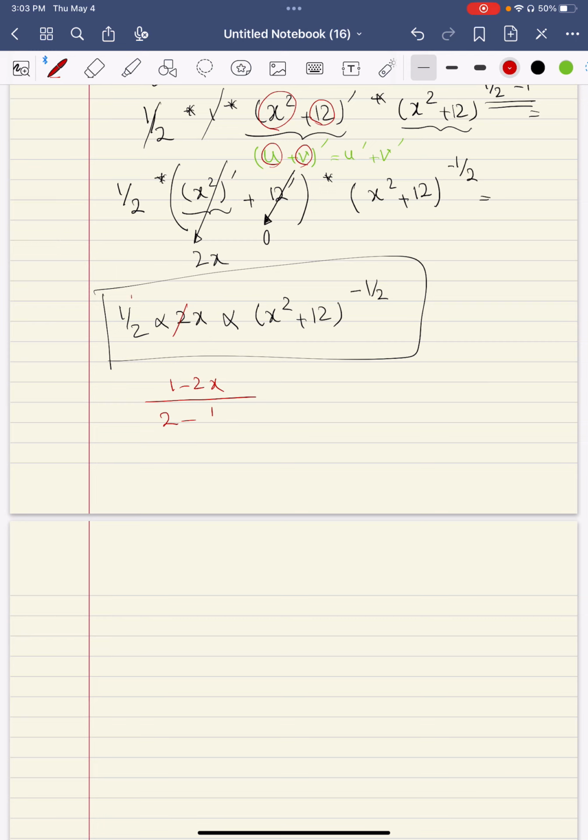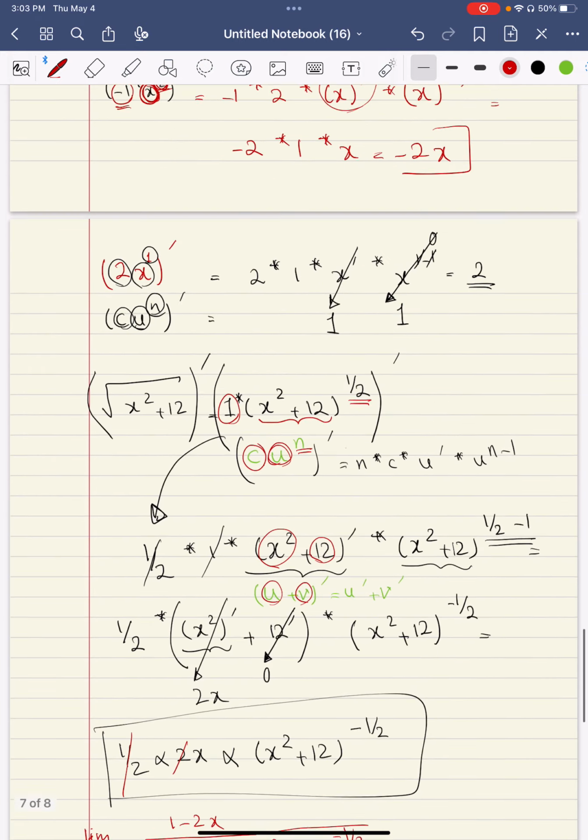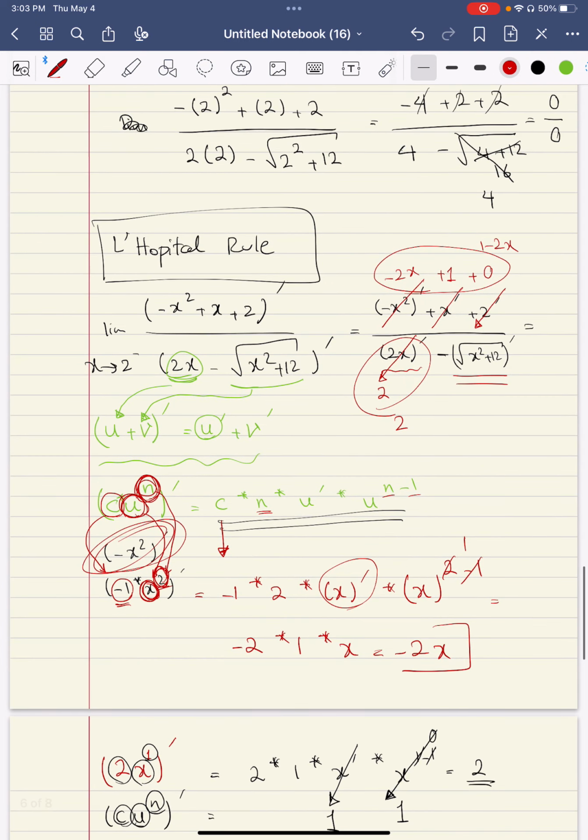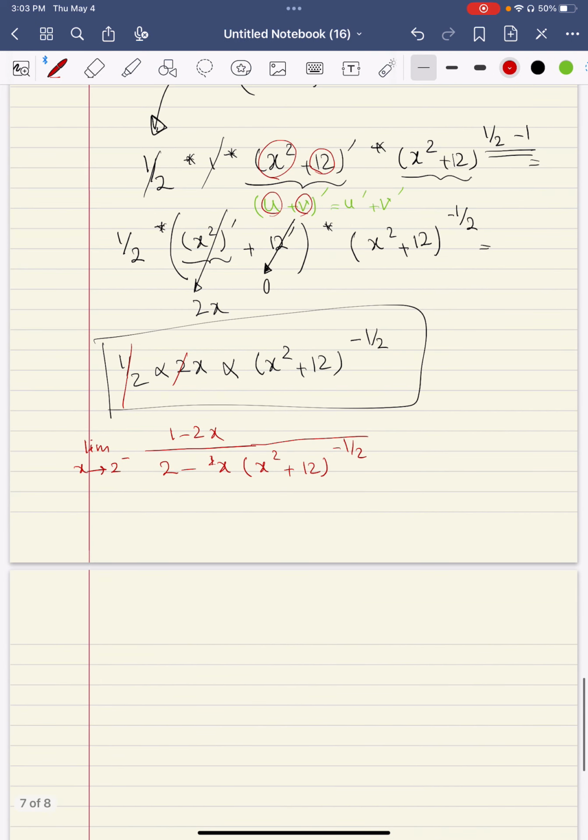The 2 and 1 over 2 cancel out, so we have minus x times x to the power of 2 plus 12 to the power of negative 1 over 2. So we want to find the limit as x approaches 2 from the left-hand side, right? And again, we use L'Hopital's rule, and we got to here.